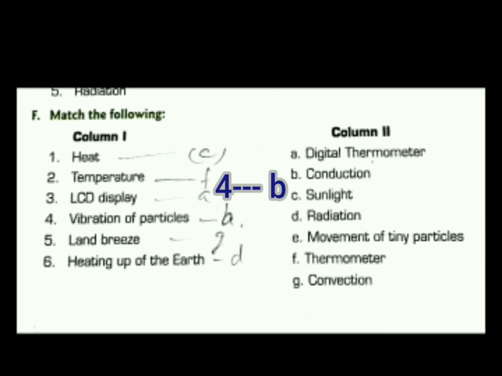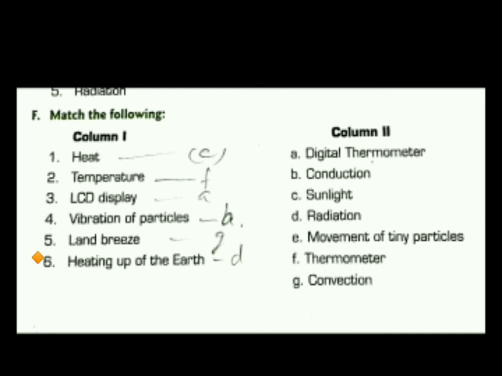Now 5th, land breeze, you will match with G, that is convection. Land breeze is a process of natural convection.